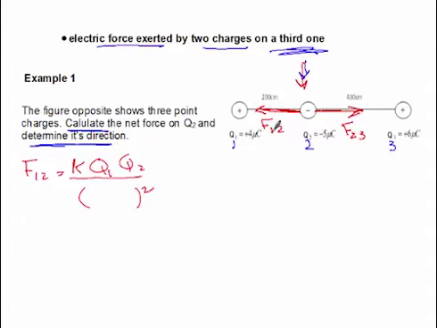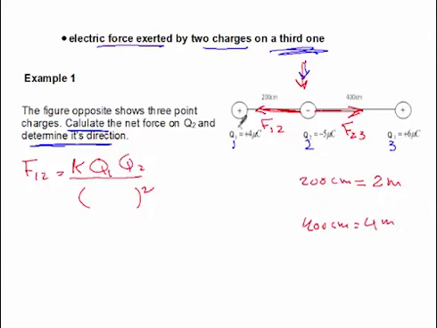The distance of 200 centimeters should be converted to meters, so it will be 200 divided by 100, only 2 meters. This is this R. And we have another R here, 400 centimeters, which should be 4 meters.